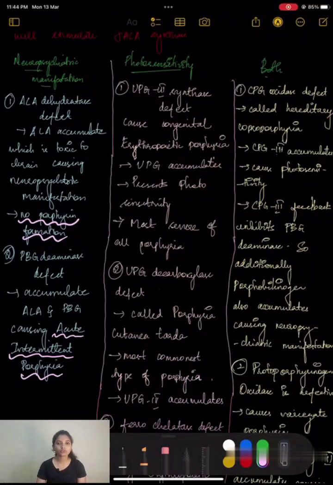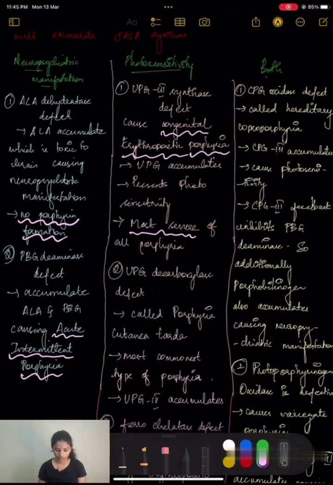Now coming on with the photosensitivity porphyrias. The first one is UPG3 synthase defect. Whenever there is a UPG3 synthase defect, it will cause congenital erythropoietic porphyria, which is the most severe of all types of porphyria. It leads to accumulation of UPG and presents with photosensitivity.